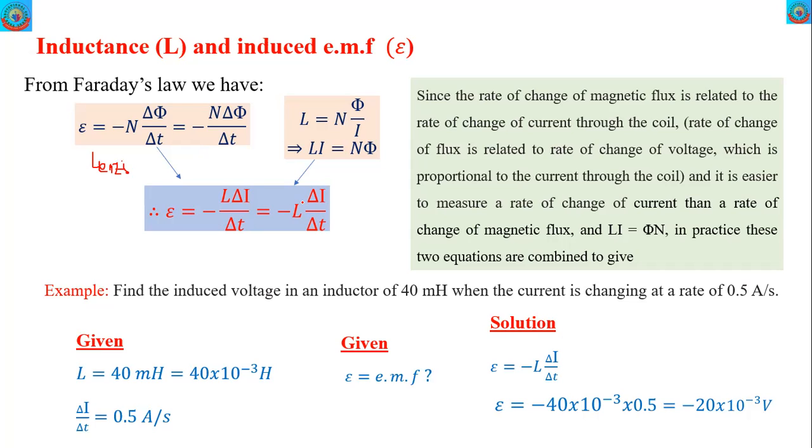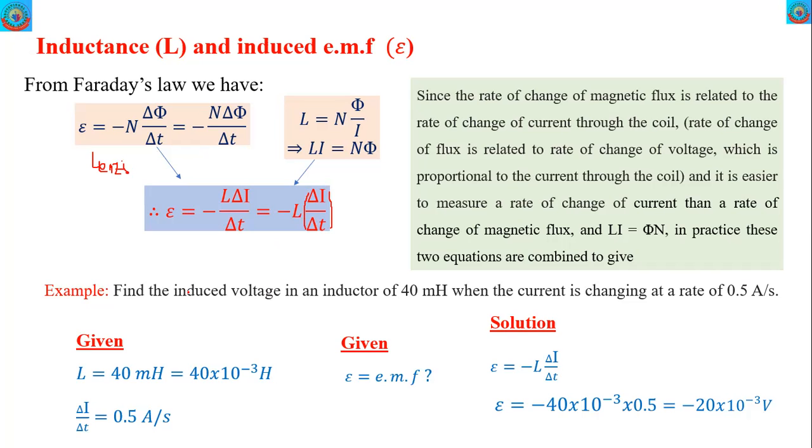This is called the rate of change of current. So minus L times the rate of change of current, that means unit current passing within a second.